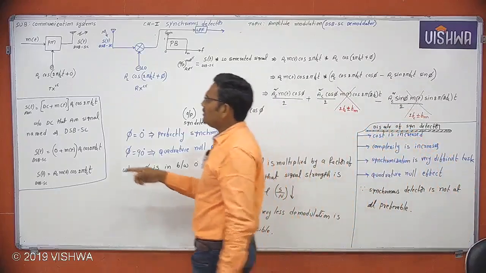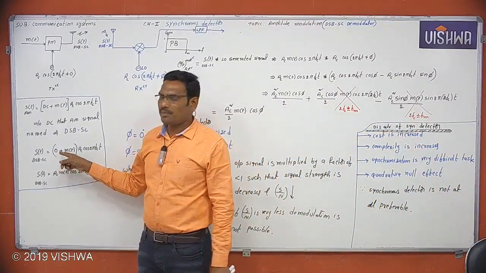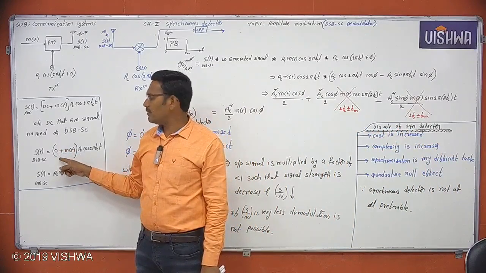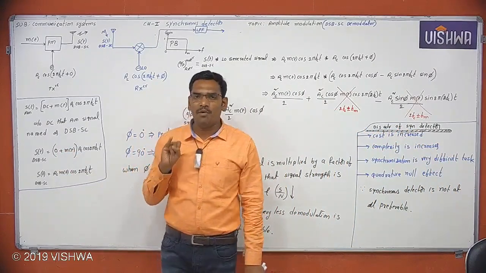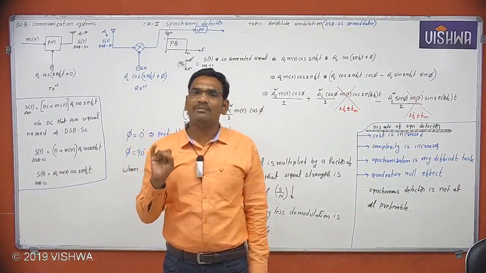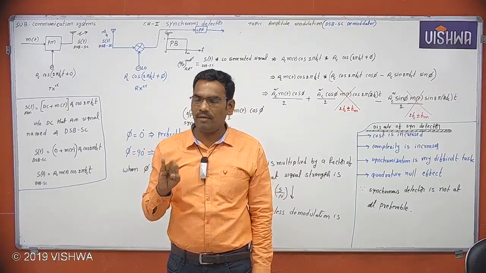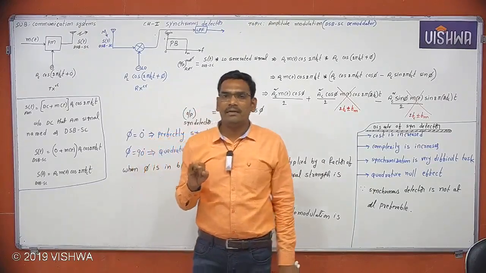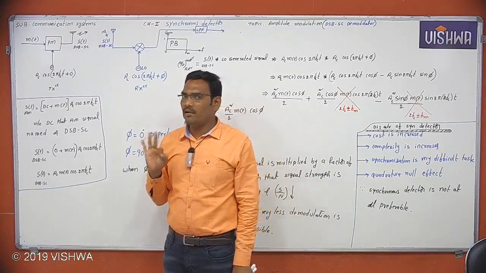Now when DC is 0, there is no other option. When DC is 0, definitely only one option. Now over modulation means mu is greater than 1. When mu is greater than 1, definitely the envelope detector will not work. The only option is the synchronous detector. So no DC, mu greater than 1, over modulation, no envelope detector, the envelope detector will not work.